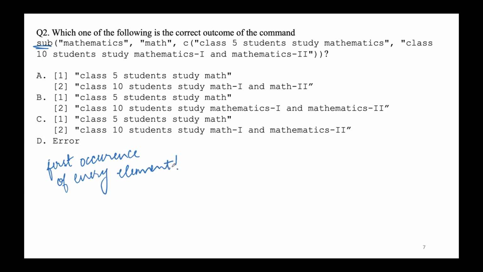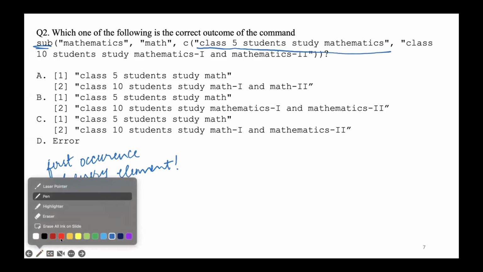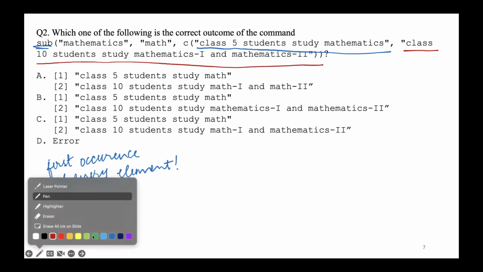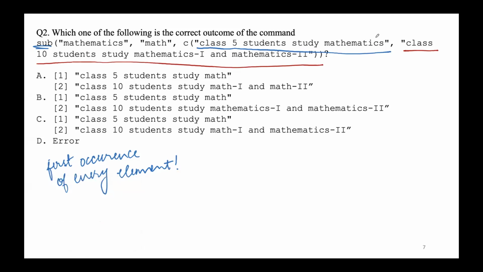So now here we are talking about a vector, right? So this is the first element. And we'll say this is the second element, right? So it's going to change the first occurrence of every element. So in the first element, it's going to change here.